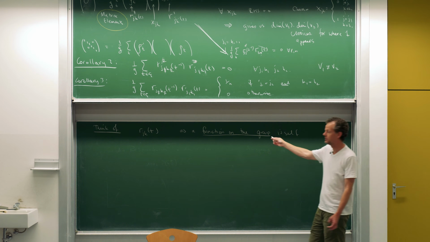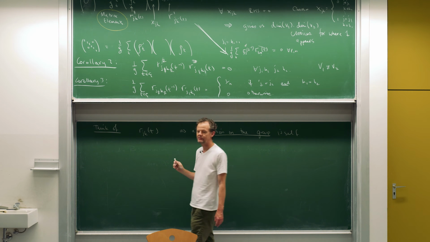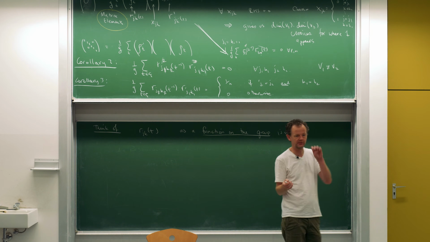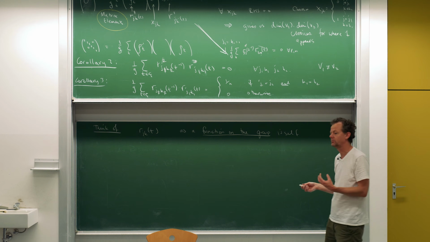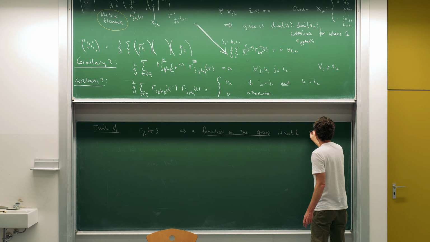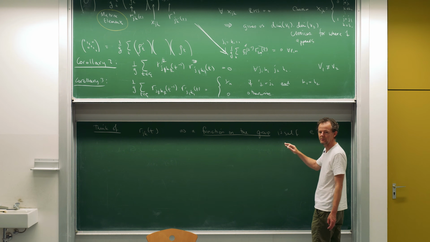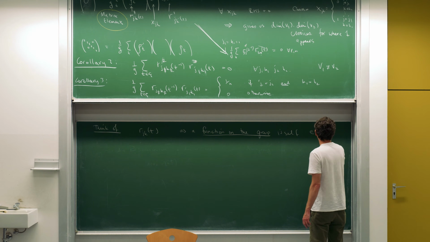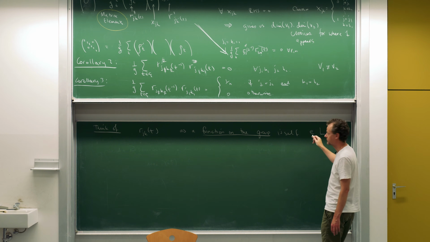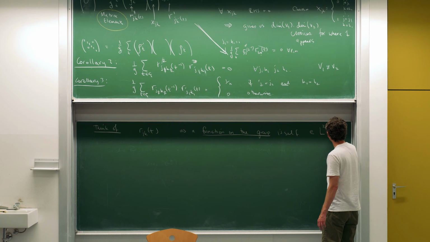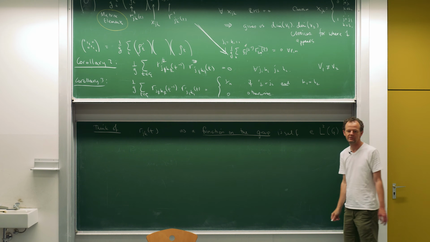So the argument is T, the element of the group. Each one of these matrix elements of an irreducible representation, you think of them as a function on the group. And that way they live in a Hilbert space when we have a unitary representation. We're going to use that pretty much going forward. They live in the Hilbert space of all square integrable functions on the group.